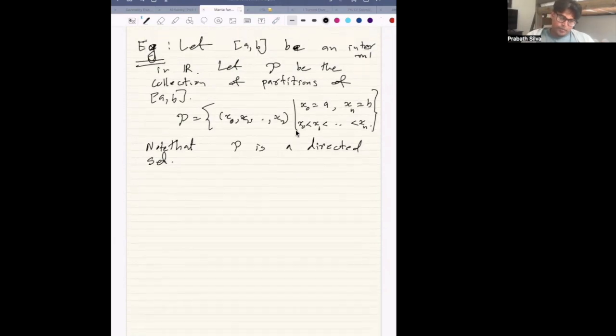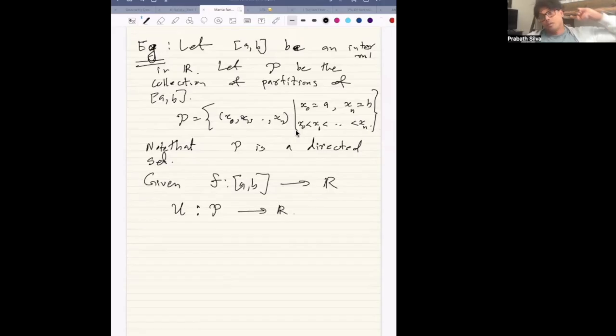So given a function f defined on [A, B], let's say with values in R, the upper sum U is a function from here into R, and for any given partition you have this. So this is an example of a net. You have a function that's defined on these things.